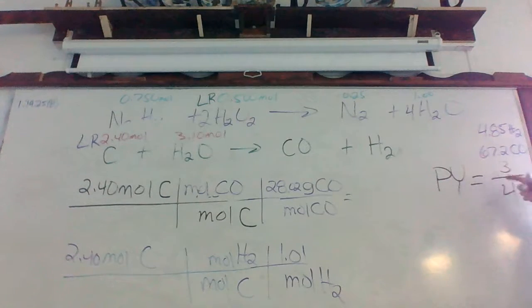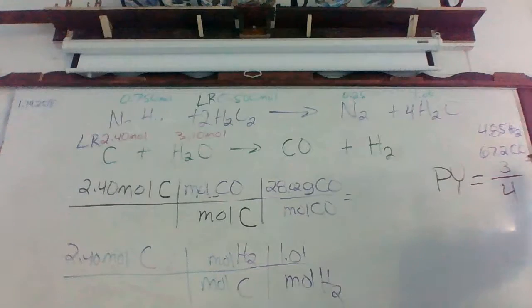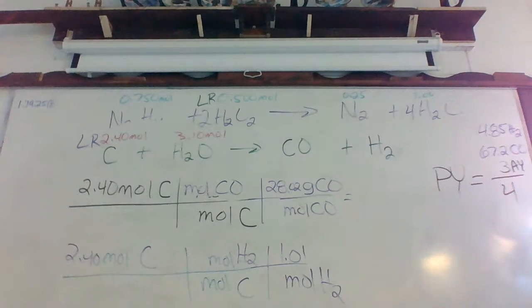Now, what this means is you actually made 3. Theoretically, we're saying that you would make 4. In a reaction, the actual yield goes on top, and on pencil and paper, what you calculate is what you theoretically come up with.